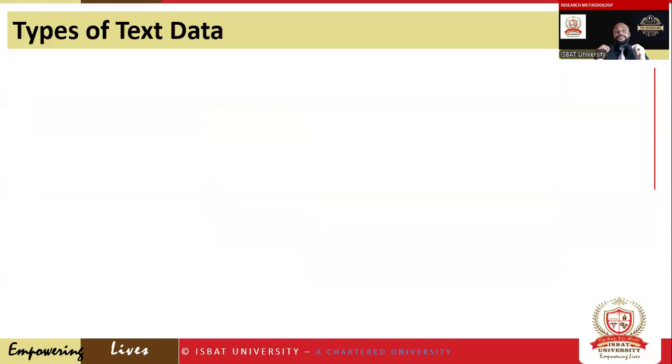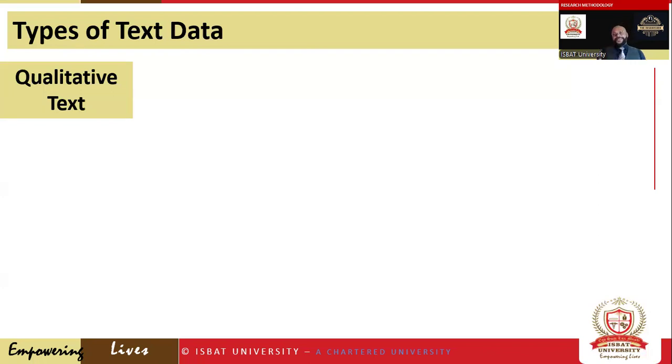Now, let's see what the different types of text data are. Because as a researcher, you have to know the text data you get, in what ways it can be used, and what types of analysis you can use. So the first type is qualitative text.